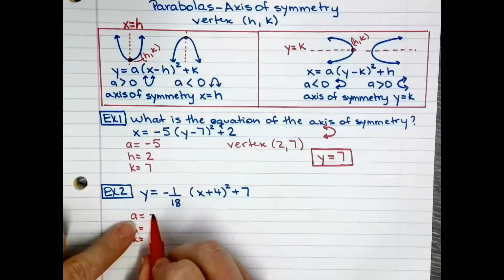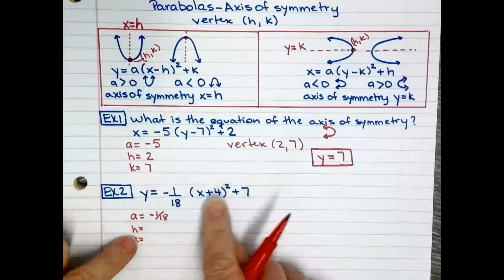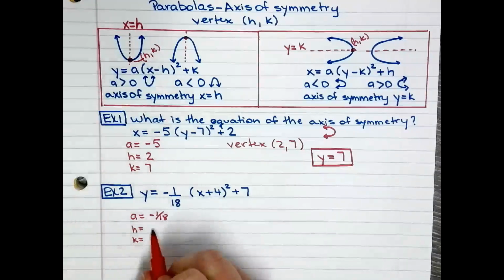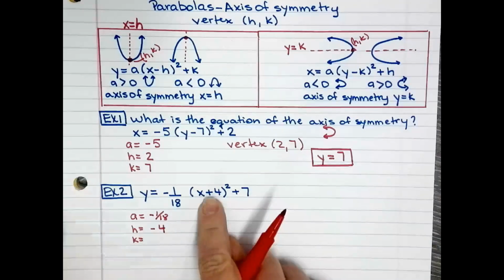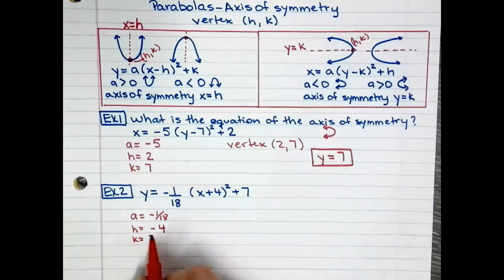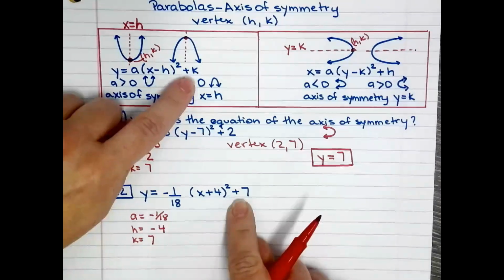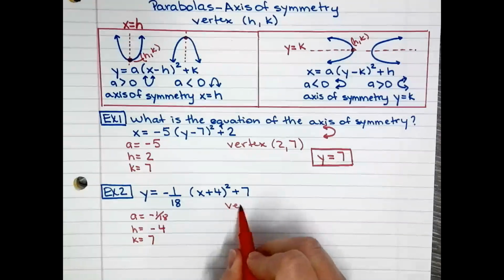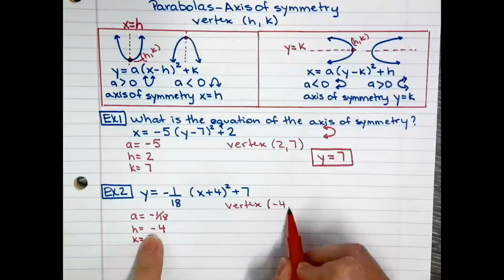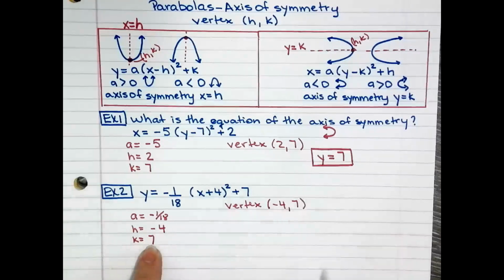So a is -1/18. h is that right there, so -4, because 2 negatives make a positive. That minus is from the formula. And then plus 7, that's k right there. So the vertex is (h, k): h is negative 4, k is 7.